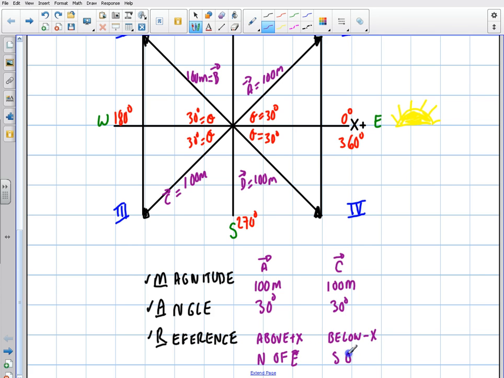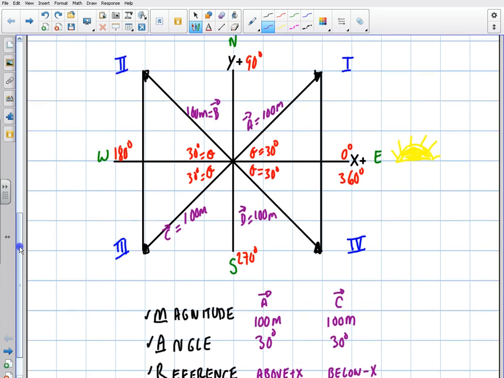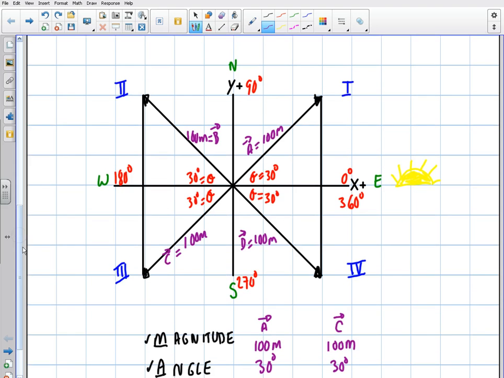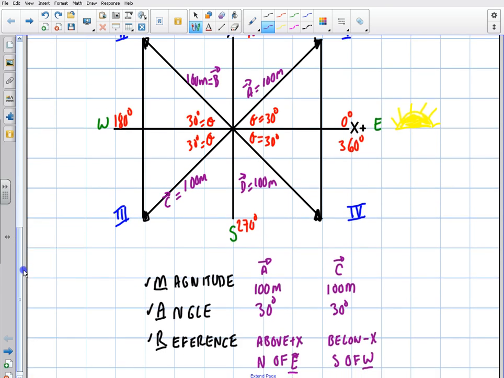South of west. Okay, this second term here is usually the x-axis if we're talking about our reference angle being here. So this one was north of east, which is my x-axis. This one is south of west, if I'm talking about vector C here. Okay, so those are just a couple of examples, and we'll get more into that later in terms of how to label it. But you always need a magnitude, angle, and a reference.